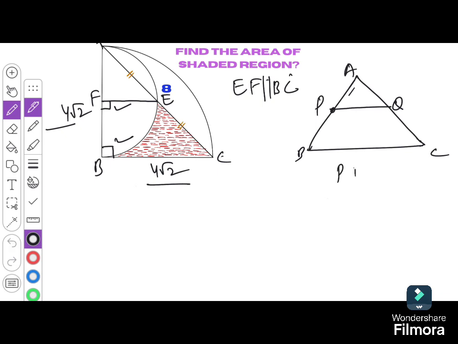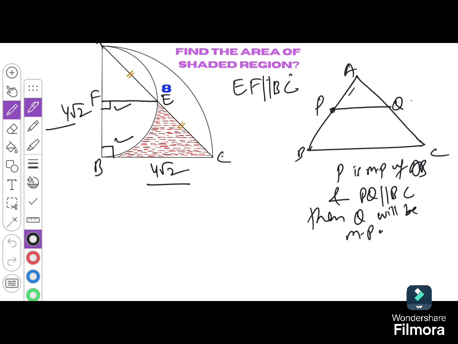First, P is the midpoint of AB. Second, PQ is parallel to BC. Then Q will also be the midpoint of AC, and also the length of PQ will be half of BC.